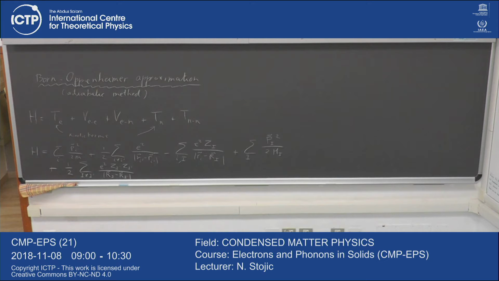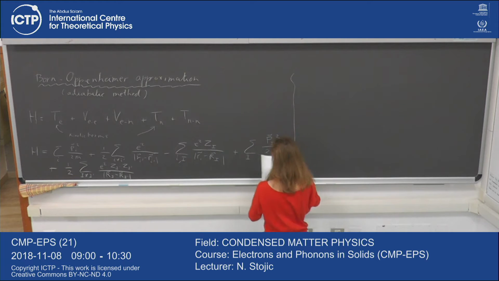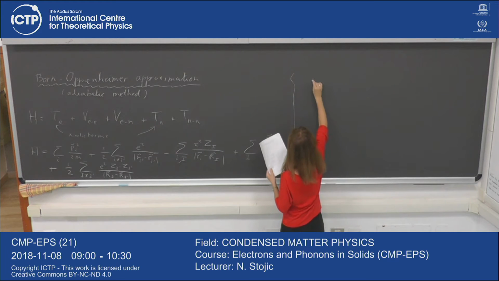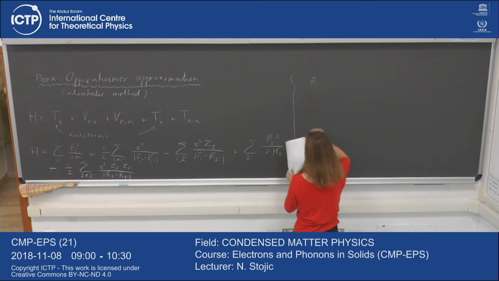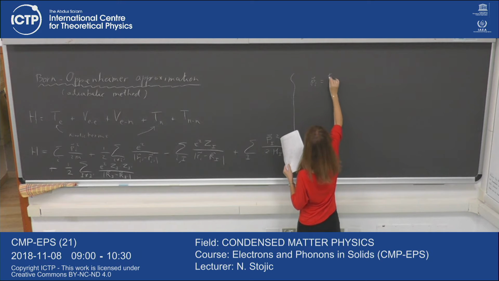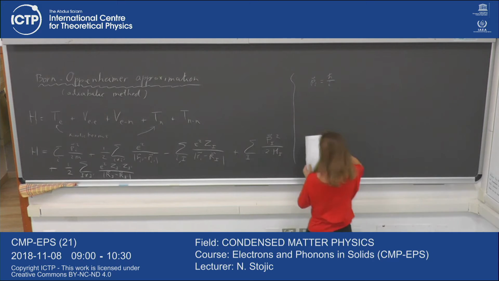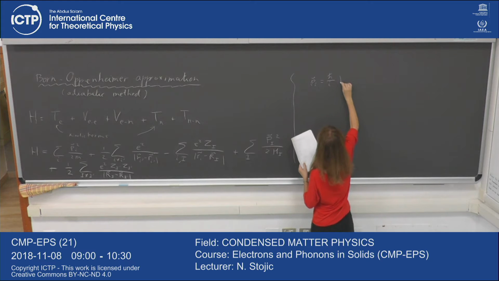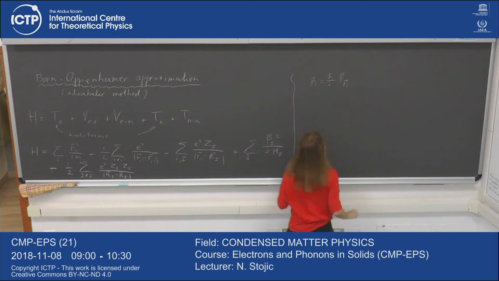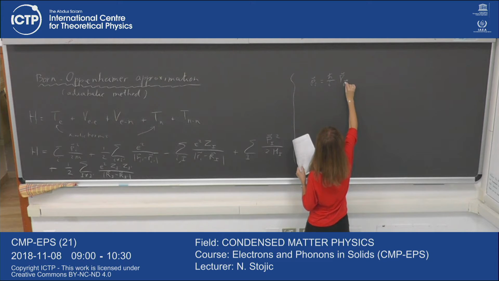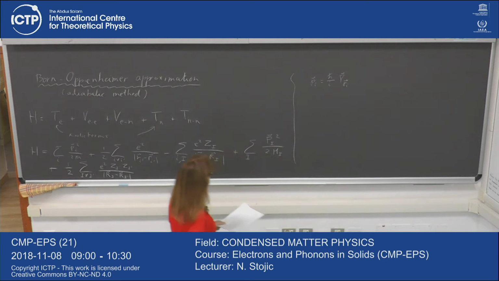Okay, so this is in general the full Hamiltonian, with the momentum p_i for the electron, which is the quantum mechanical operator, h bar over i times the gradient with respect to the position r_i.